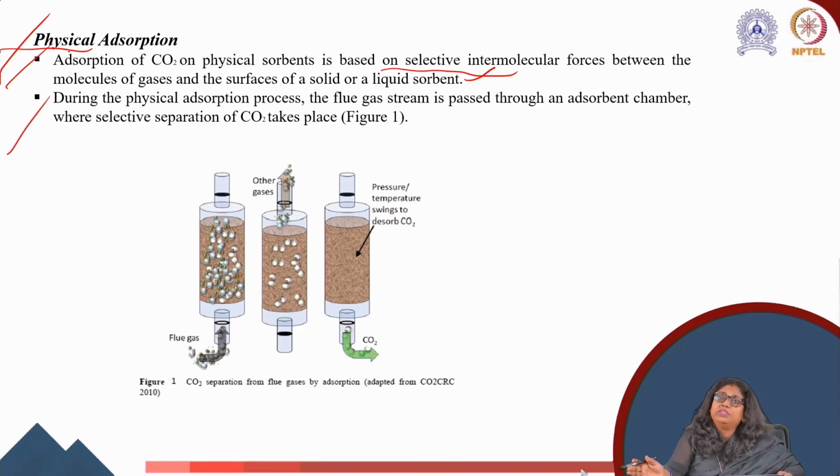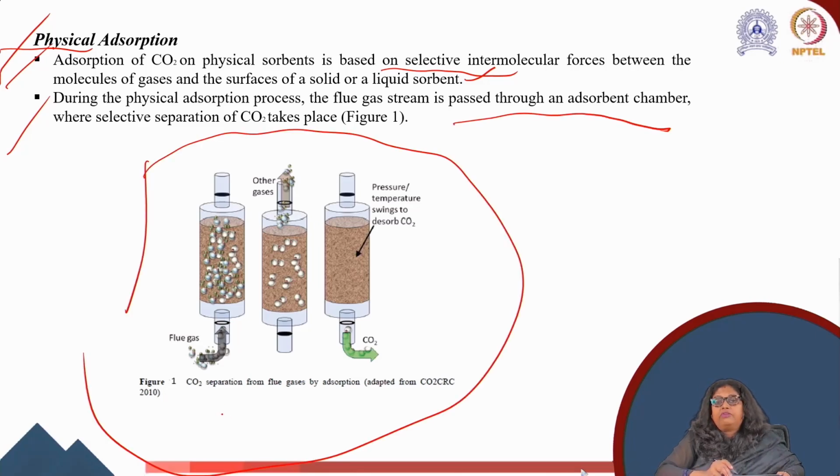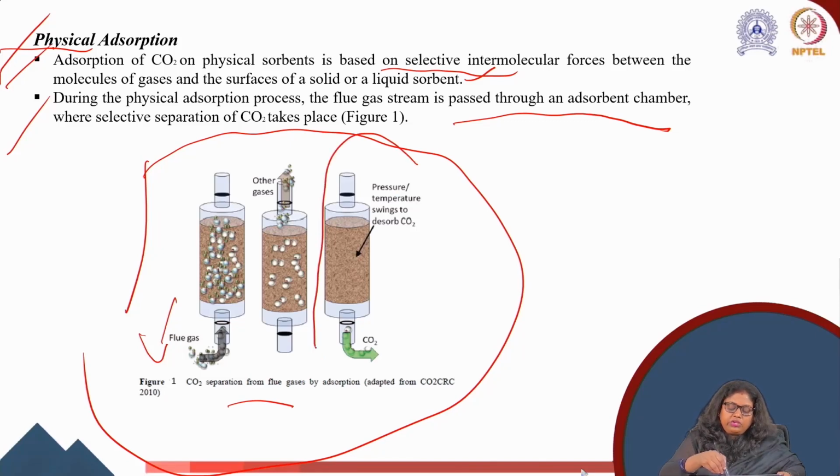During the physical adsorption process, the flue gas stream is passed through the adsorbent chamber. Here, a representative diagram of CO2 separation from flue gases is shown, where the flue gas enters from the bottom of the tower, and we have one more unit, the pressure temperature swing, to desorb the CO2.